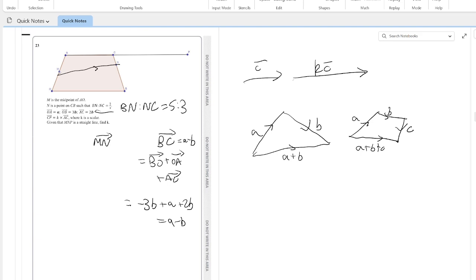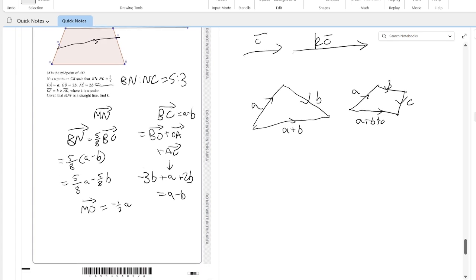Now if it's 5 to 3, then if you think about it, it's 5/8 of the way along. So BN equals 5/8 BC, and this is 5/8 (a minus b), which is 5/8 a minus 5/8 b. What is MO? Well, MO is minus half a, because it's half of OA and it's going in the opposite direction.